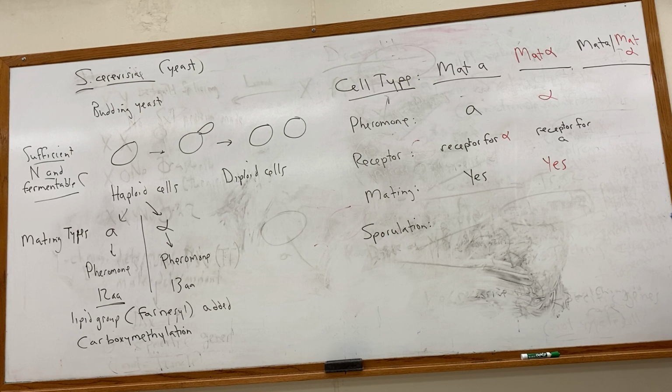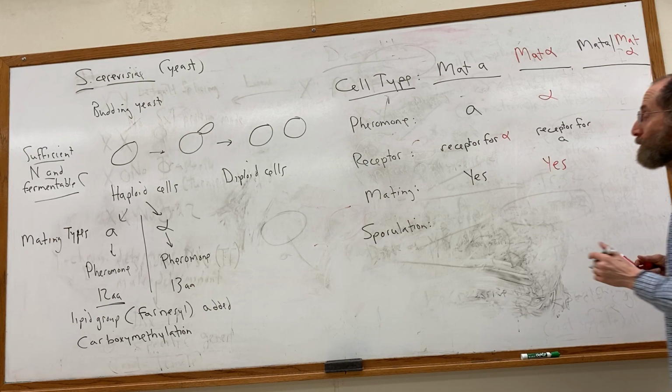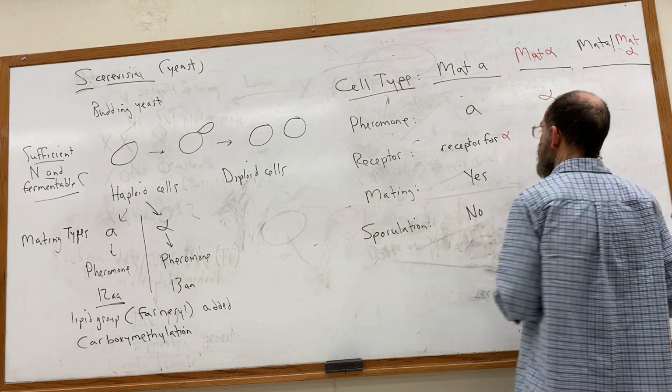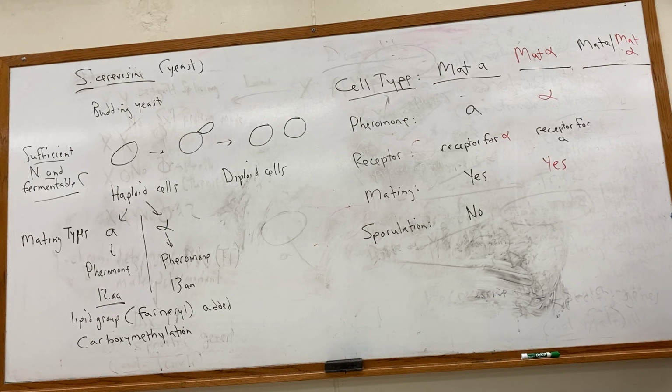No. So a haploid cell can't sporulate, which makes sense because part of sporulation is meiosis, and a haploid couldn't undergo meiosis. So mat A cells cannot sporulate, and what about mat alpha? No. That's correct.